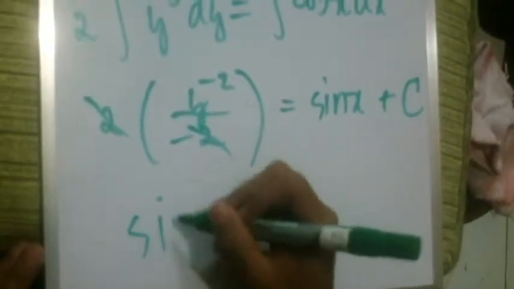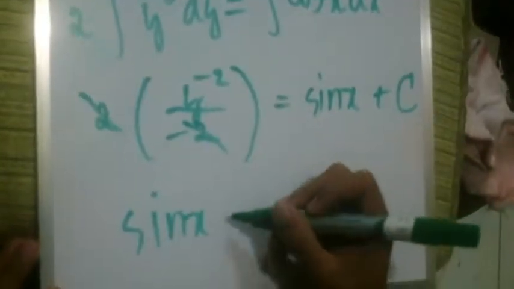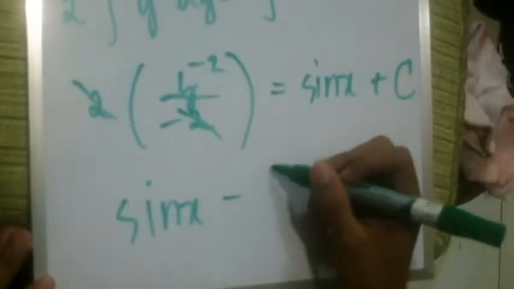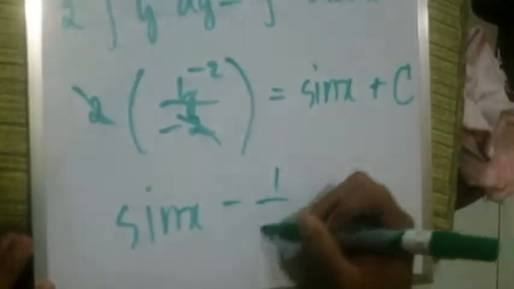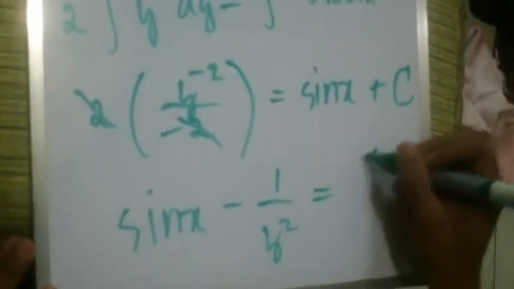So sine x minus 1 over y squared is equal to c. This would be our final answer.